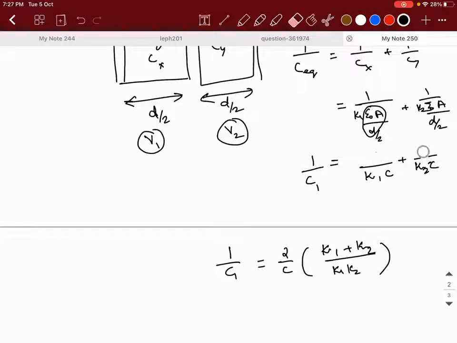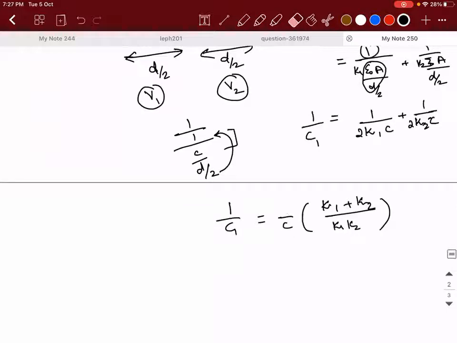The 2 will not go here actually. The 2 will come here, because 1 is the numerator, 1 divided by C divided by D, so this has a by 2, this by 2 will come here, and this will get multiplied. Yes, the 2 is going to be in the denominator. So 1 by C into kappa 1 plus kappa 2 by this.